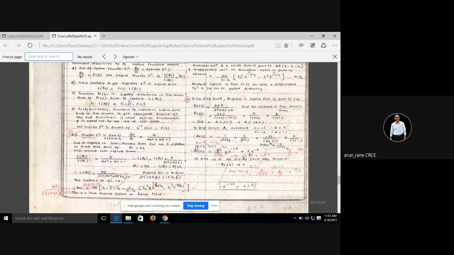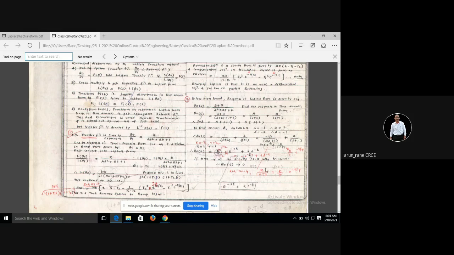So finally in time domain, this is the response you will get: minus half upon half, so half will get cancelled. So it will be minus e raised to minus 2t plus 2 into e raised to minus t.